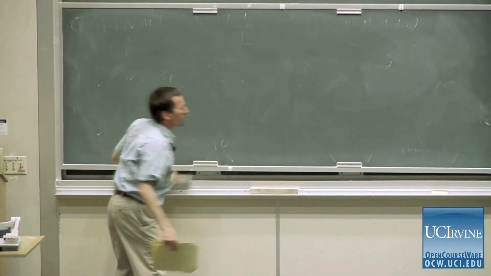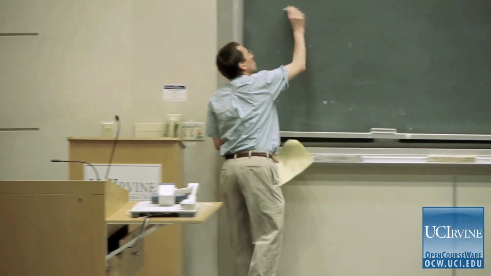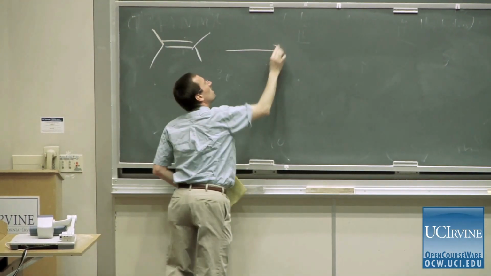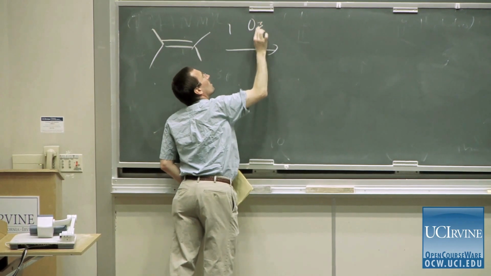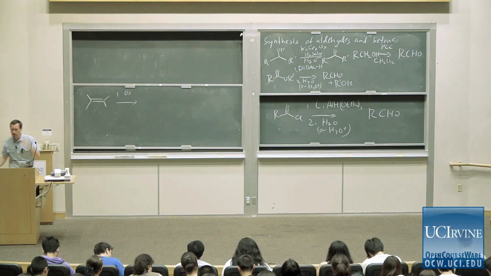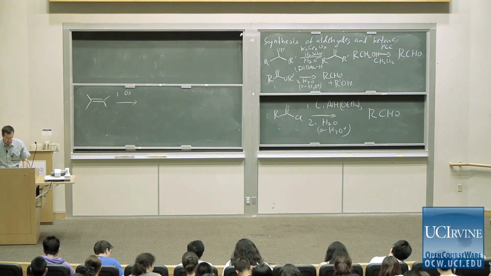So for example, you've learned again in past chapters about ozonolysis. You can take an alkene and treat it with ozone, which you generate by passing a silent electric discharge through oxygen.